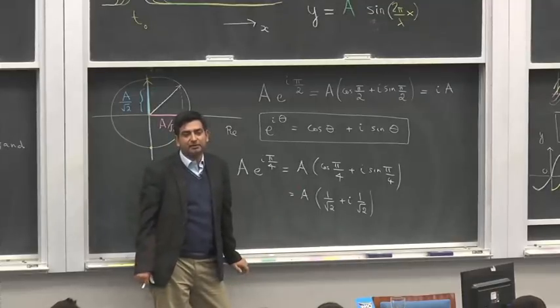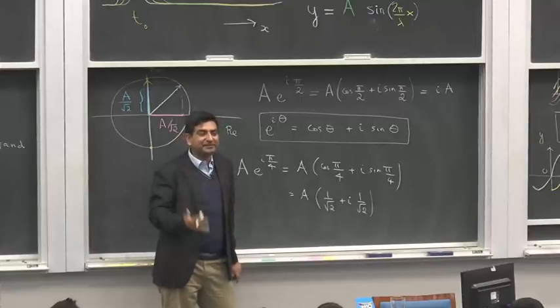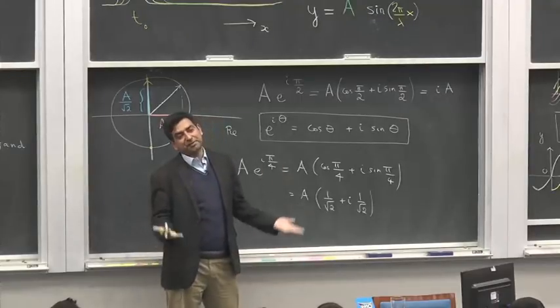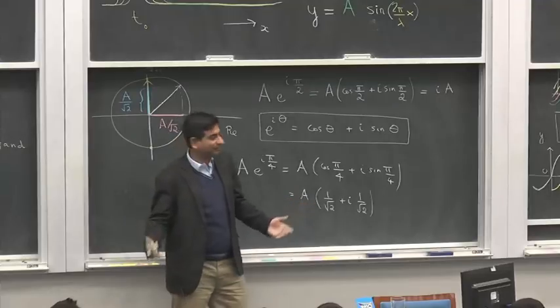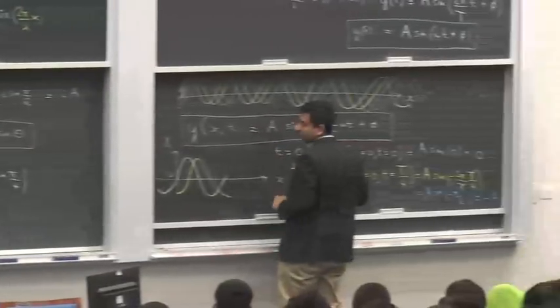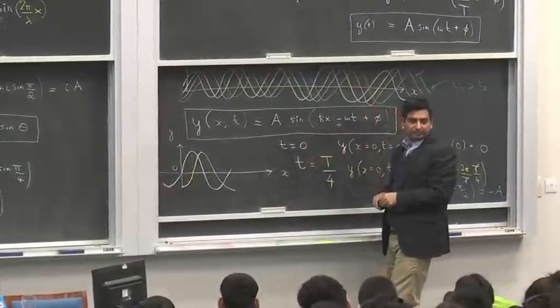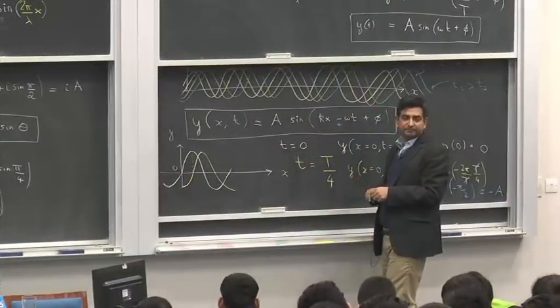That's it. Something which is cosine is the real part, something which is sine is the imaginary part. Okay?